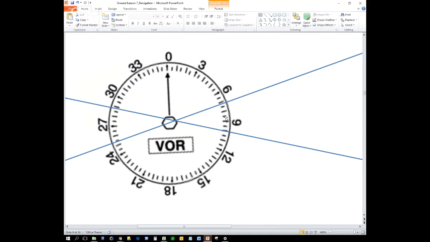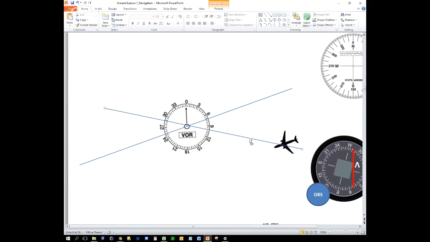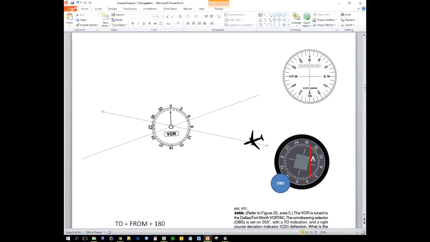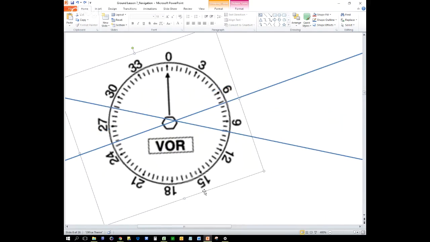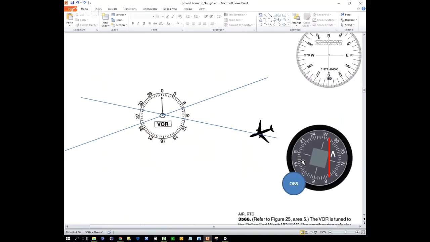Yeah. And so if I select 290, which is the reciprocal up here, then that needle will center. And it centers because I'm actually flying on those radials.